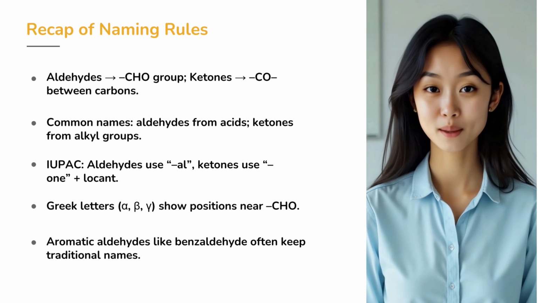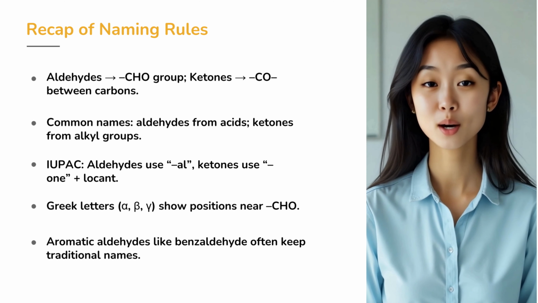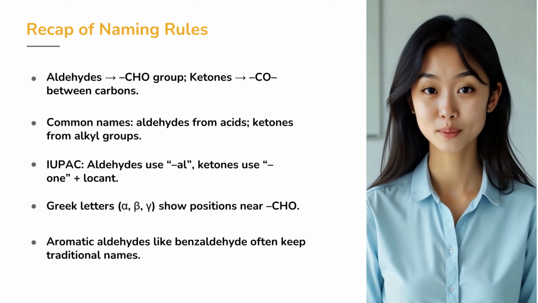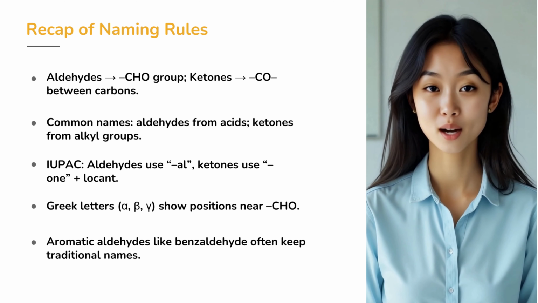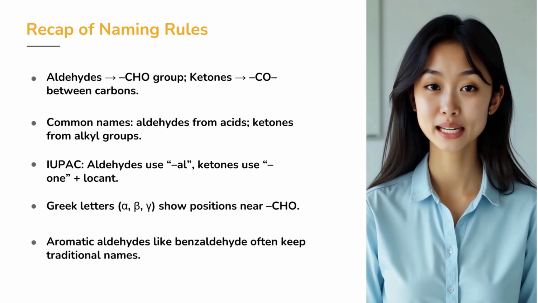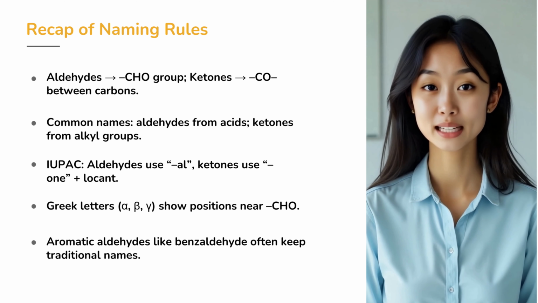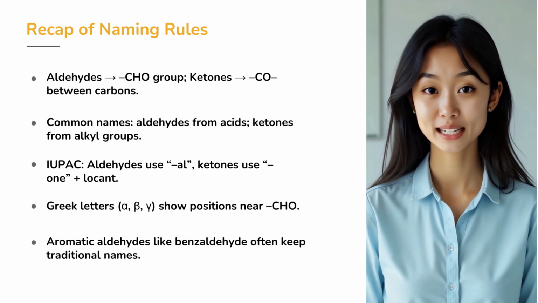So, to sum up, aldehydes and ketones are all about the placement of the carbonyl group. Common names often come from carboxylic acids or alkyl substituents, while IUPAC names use the systematic suffixes -al for aldehydes and -one for ketones.